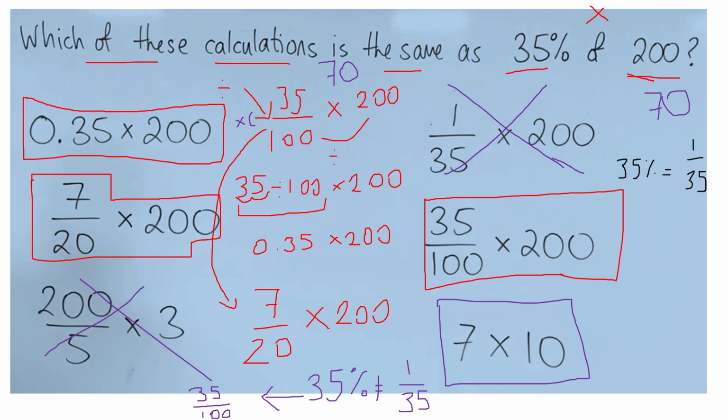And if you don't believe me, which I'm sure you do, you can plug it into your calculator and convert them both. If I do 1 divided by 35 and then times it by 100, we get 28.571427%, and then we see 35% is 35 divided by 100, which is 0.35.